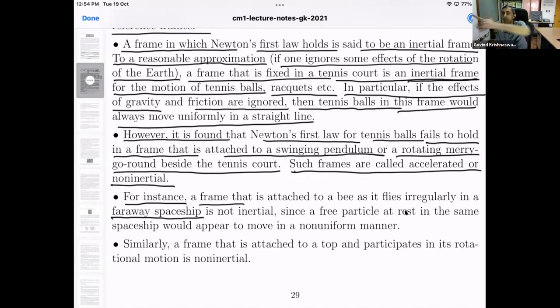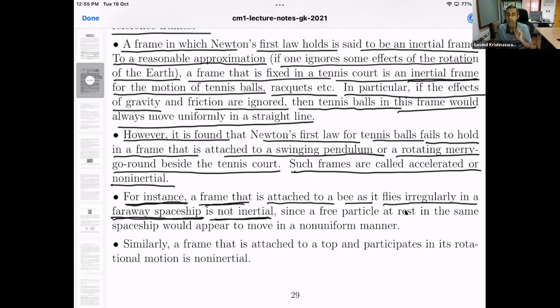Now, as the bee moves around, this frame will also rotate, twist, and so on, go around the place. Such a frame is not inertial. Let me read this carefully. For instance, a frame that is attached to a bee that flies irregularly in a faraway spaceship is not inertial.